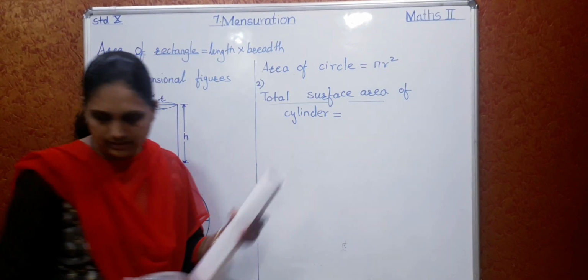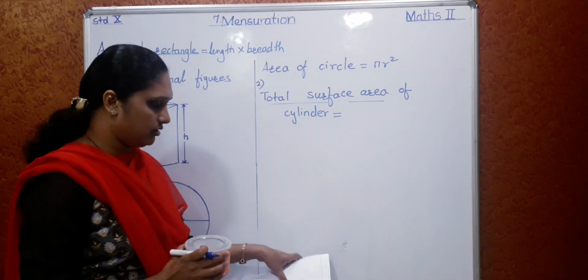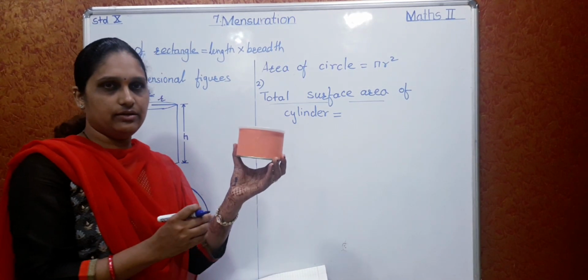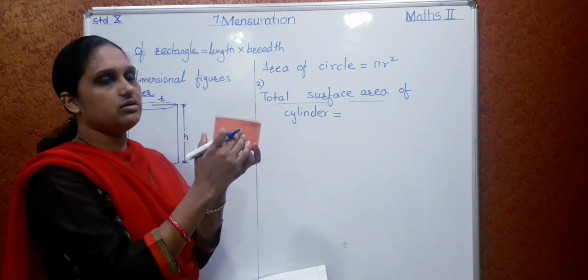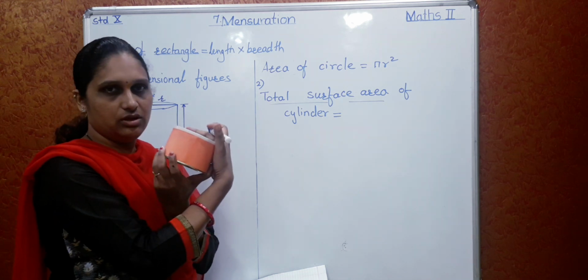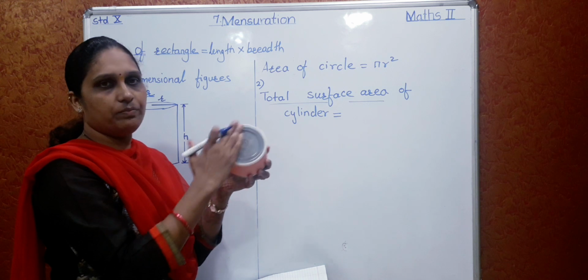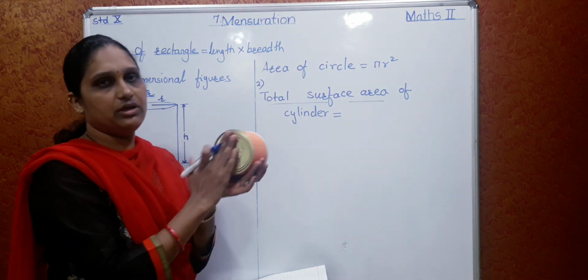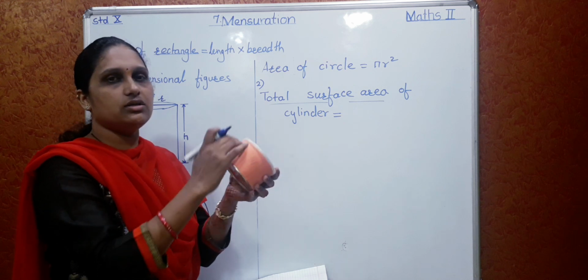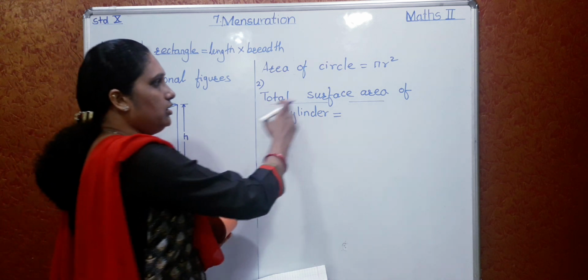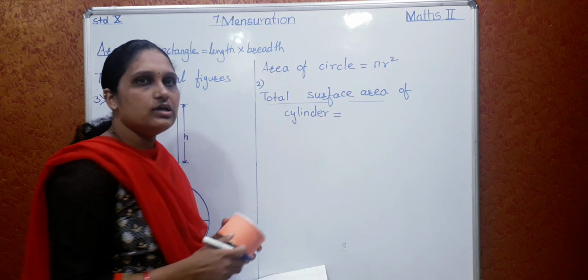In this cylinder, total surface area means the curved surface area, which is only this portion, and the top area and the bottom area. So all three together are called the total surface area of the cylinder.